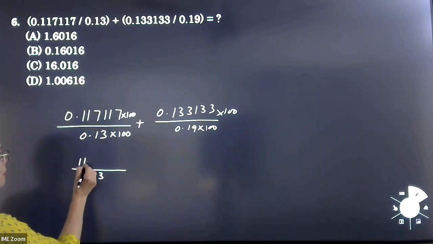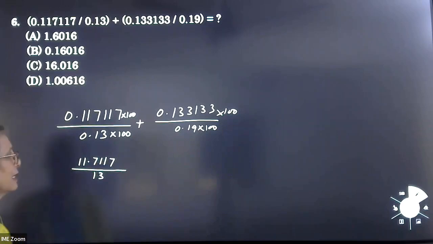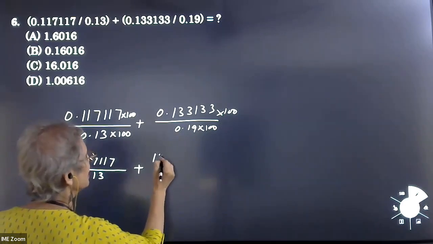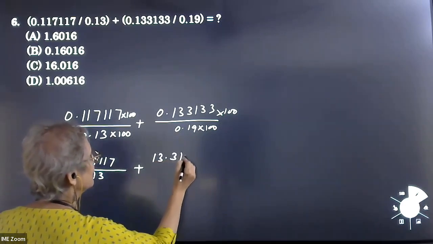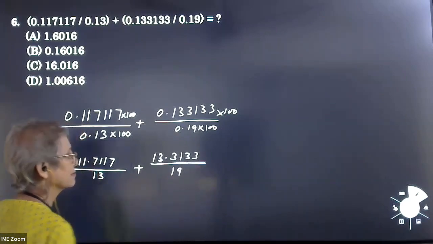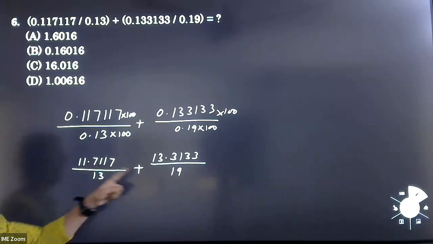So it is 11.7117 plus here also it is 13.3133 upon 19. Right? And now this number, if you know the table, 13's table, it is 13 9s are 117. Right? And here it is 7s are.